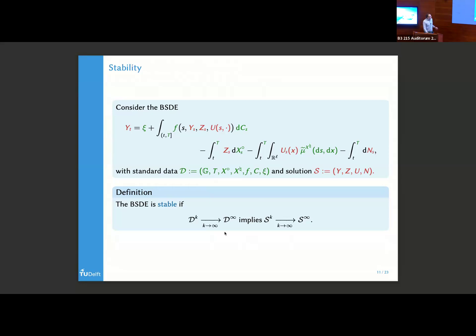And what we call stability is any result that tells you that if you have convergence in the initial data, so a sequence of data converging in an appropriate sense to some limiting data, then the solution corresponding to the sequence of data also converges to the solution of the limiting data. Is the statement clear? Good.